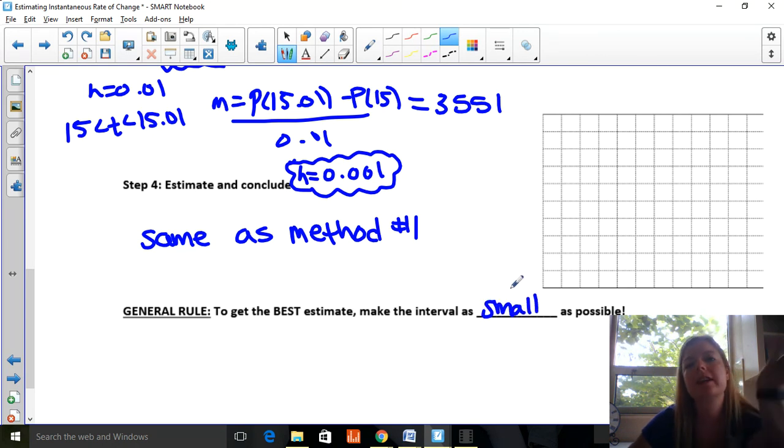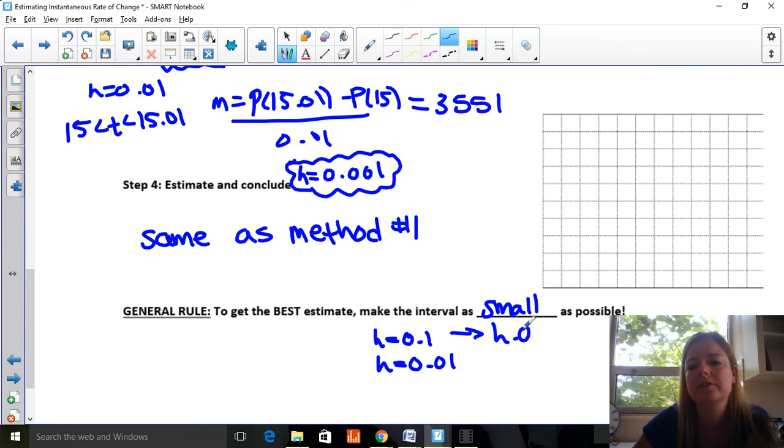So I started here with h equals 1 just to show you how different it could be. Really, you should never start with h equals 1. That's not a small enough estimate. Start with h equals 0.1, or even start with h equals 0.01, and then go to one smaller, 0.001.